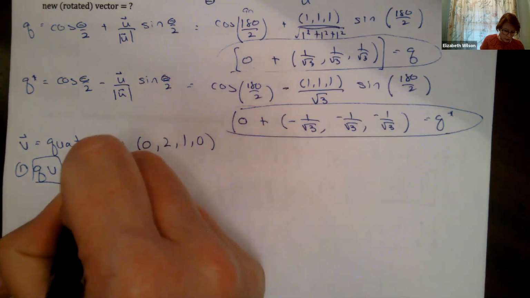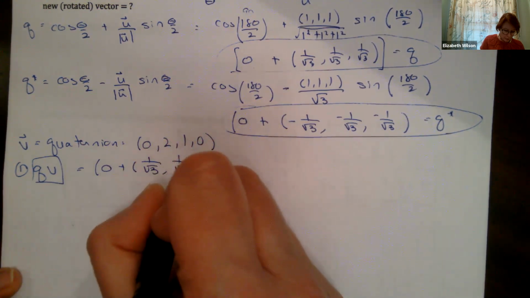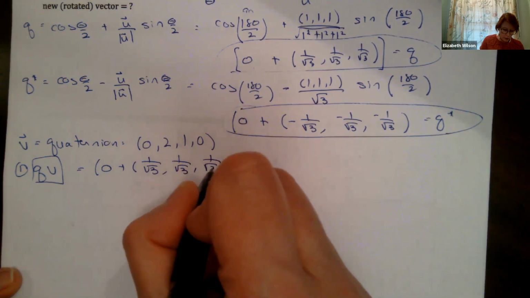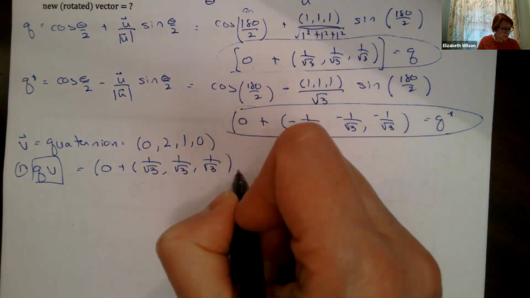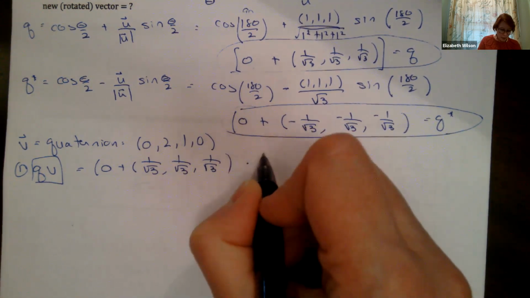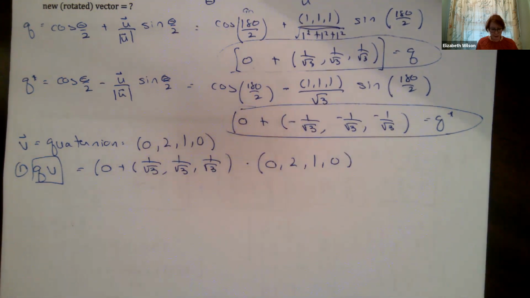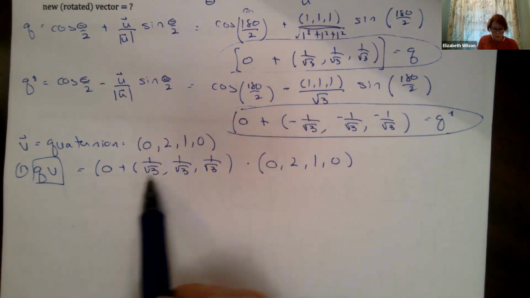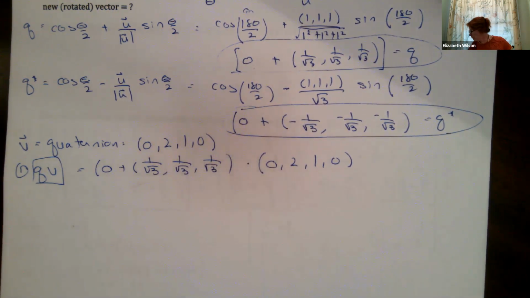So I'm going to start writing out Q, this is 0 plus. Don't worry about rationalizing this because you're going to have to do a whole bunch of math first. Do all the math first and then worry about it. Times my V. Remember, order matters. If it says Q times V, make sure Q comes first. Order matters because we're doing a cross product in here.